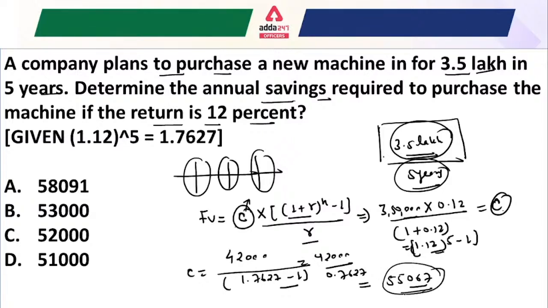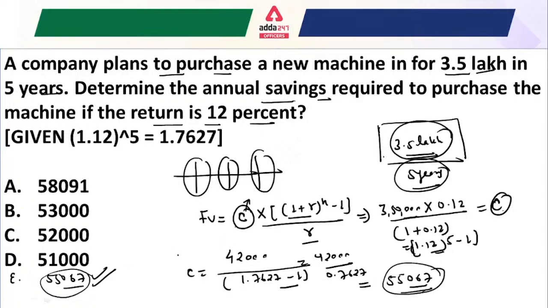This is the value everyone is getting, but in the options there are no such values given. So we are just adding another option, that is approximately 55,067, or say 55,000 something. So that would be your answer. So let me calculate once again: 42,000 divided by 0.7627. Is it right? Okay. So that would be your answer, that is 55,067 rupees.